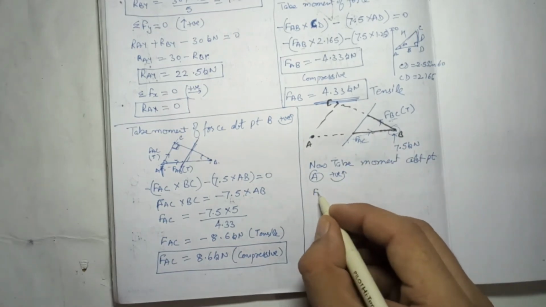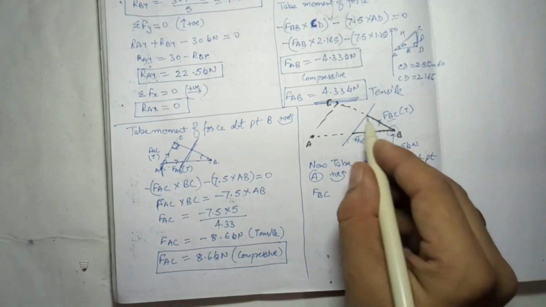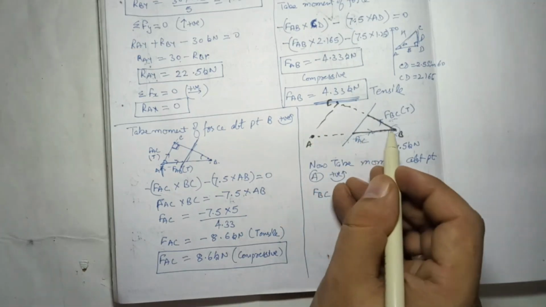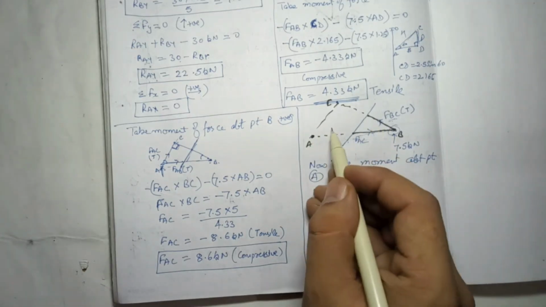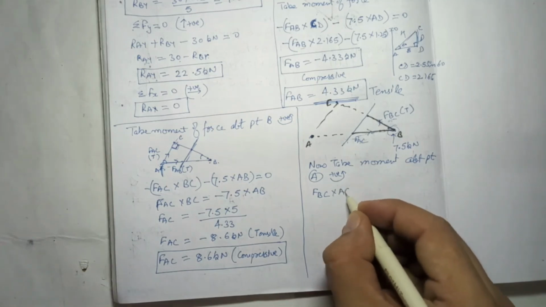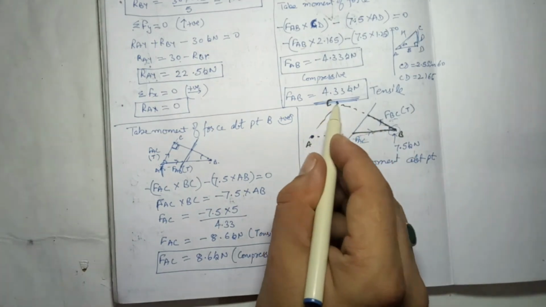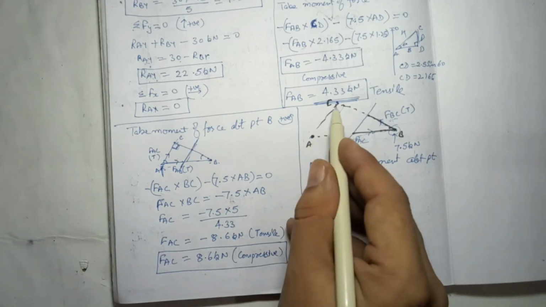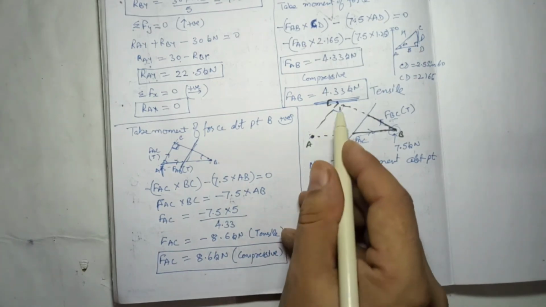First, this is FBC, this force into the perpendicular distance between point A and FBC, which is AC. This is perpendicular, we know this, so this perpendicular distance is AC.